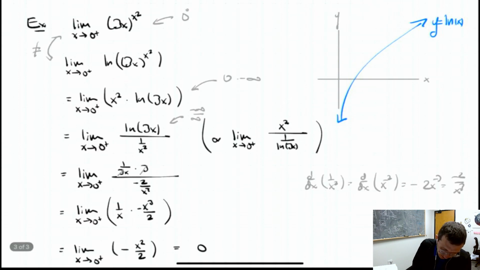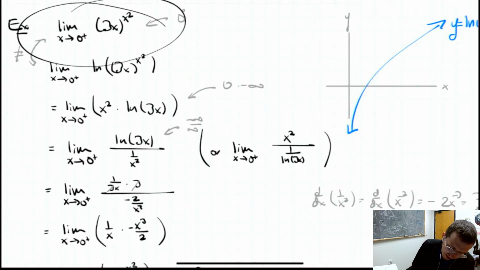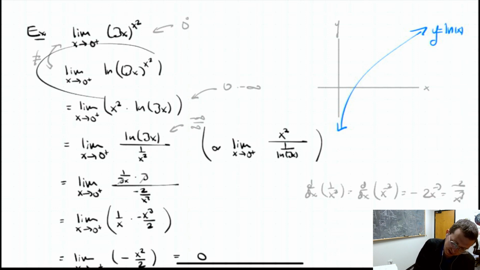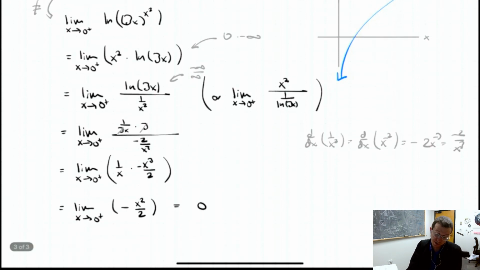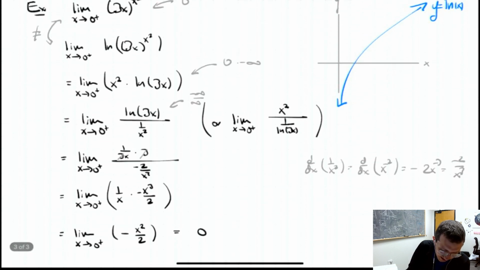0 is not the answer, though, because we have to remember we were asked about this limit, and we did a different limit. We did a different limit, which was easier because it had an ln inside there to help us out.